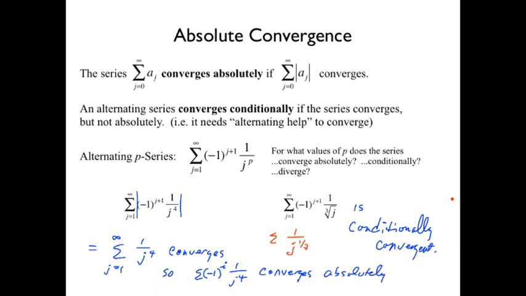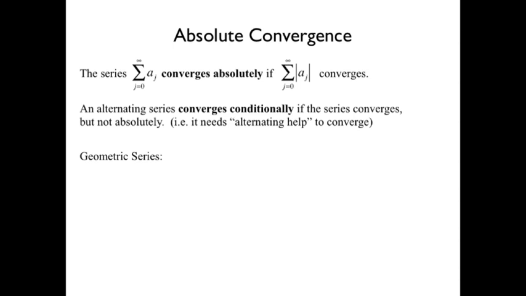Okay, what about geometric series? Does a geometric series ever alternate? It does. When does a geometric series alternate? If r is negative, right? Certainly if r is positive between 0 and 1, we have absolute convergence because all the terms are positive already.